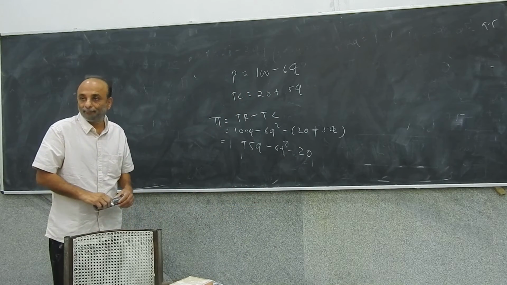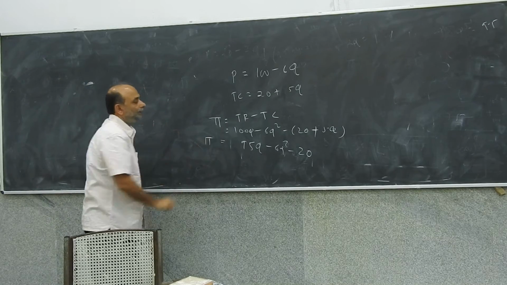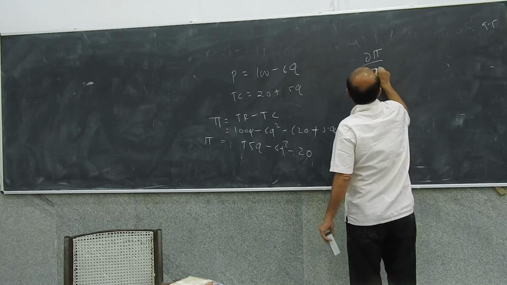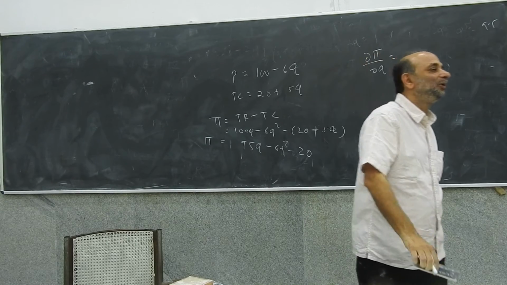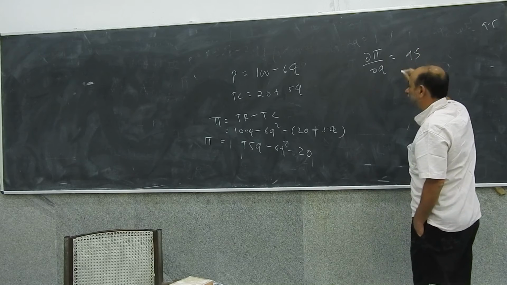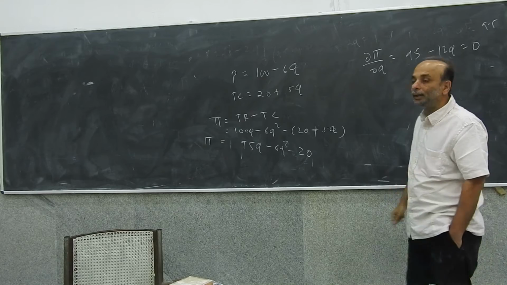Now set total profits, differentiate with respect to quantity, you get 95 minus 12Q is equal to 0.